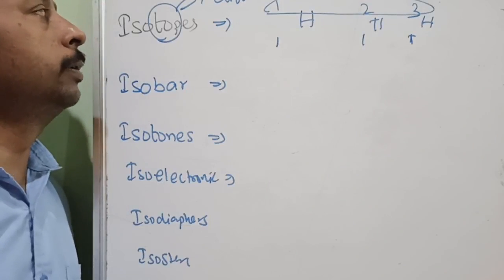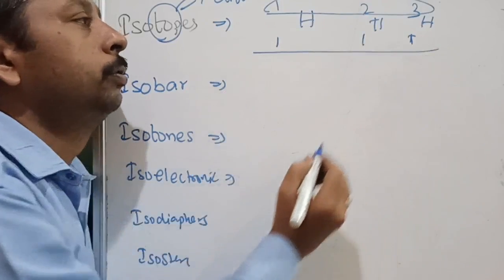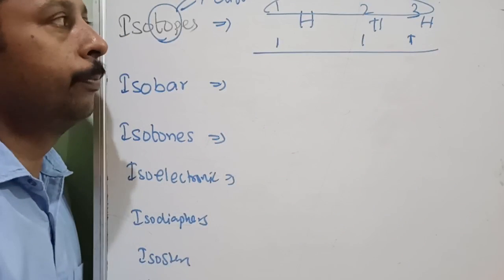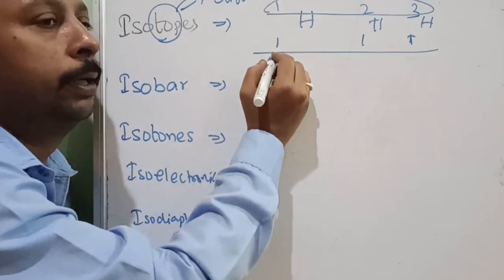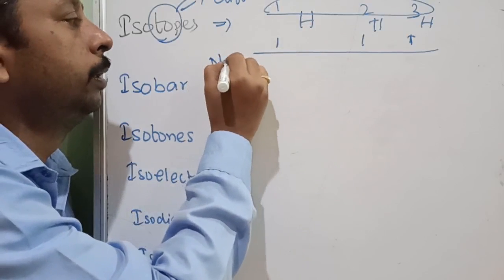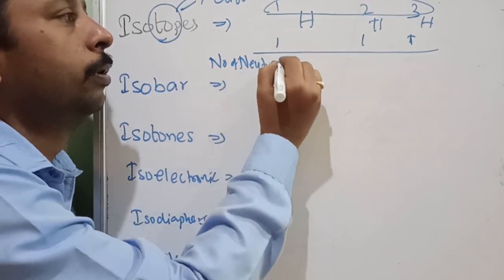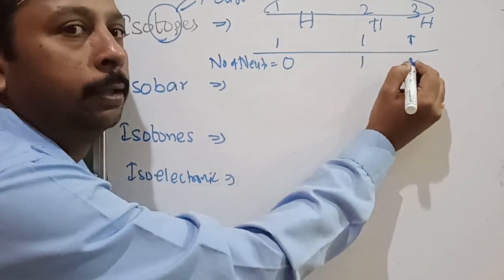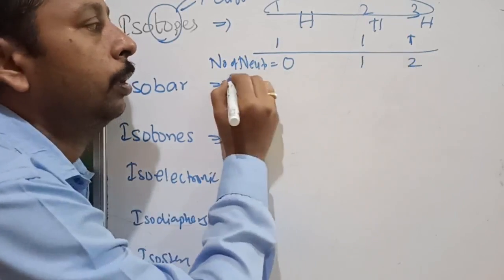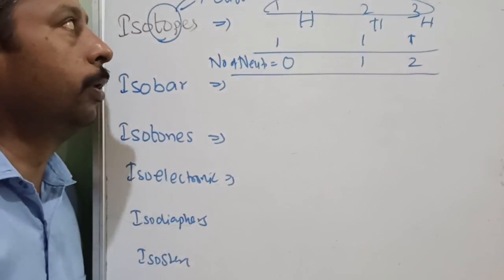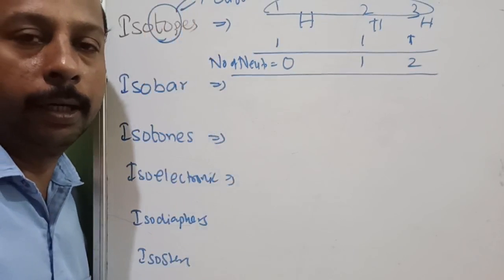Actually, isotopes are produced due to the difference in mass number minus atomic number, which is equal to the number of neutrons. So here the number of neutrons is 0, here 1, here 2. Likewise, due to the difference in the number of neutrons, isotopes are generated.